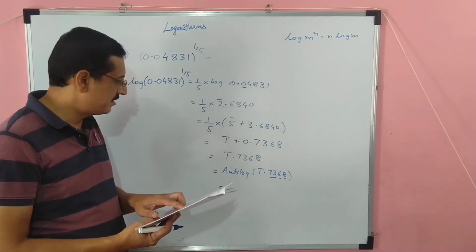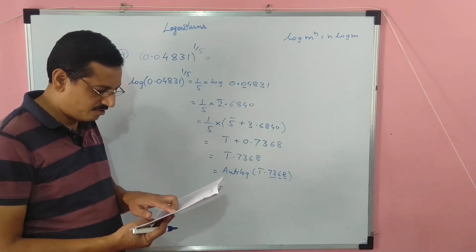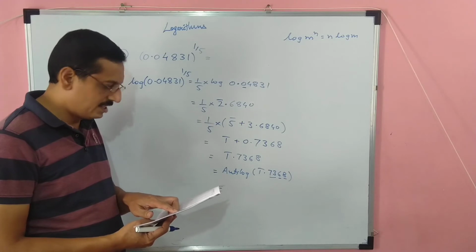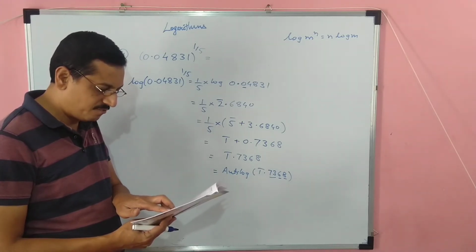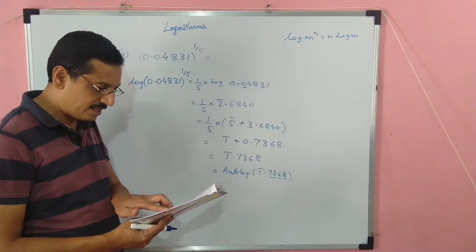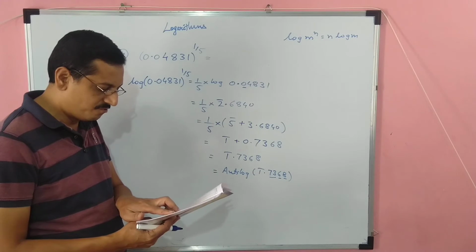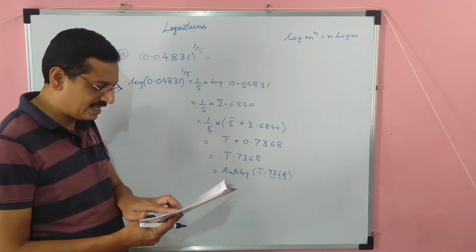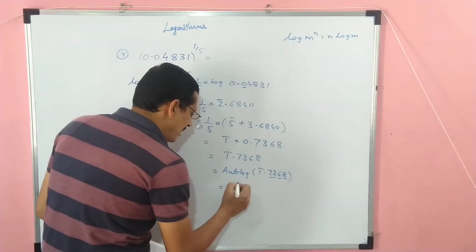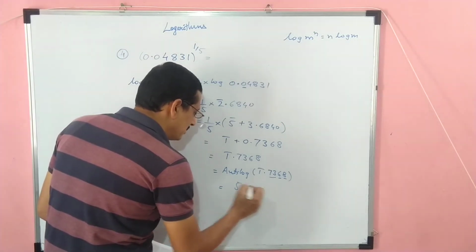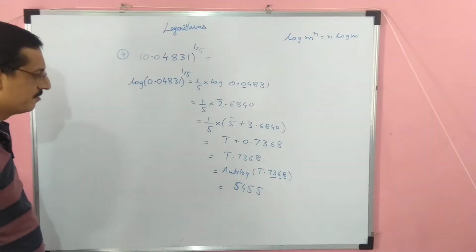So 0.73 in 6: 0, 1, 2, 3, 4, 5, 6. Okay, mean difference is 8. So in the same line, 1, 2, 3, 4, 5, 6, 7, 8. This mean difference shows 10, meaning 5, 4, 4, 5 plus 10, that is 5, 4, 5, 5. So it is 5, 4, 5, 5 is the value of this, student.